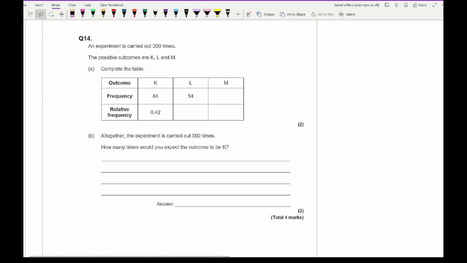For question 14, it says an experiment is carried out 200 times. The possible outcomes are K, L, and M. In the first part it says complete the table. So we know that all of these numbers have got to add up to 200. So for this here, all I've got to do is 200 minus 84 minus 54. So 200, take away 84, take away 54, leaves me with 62.